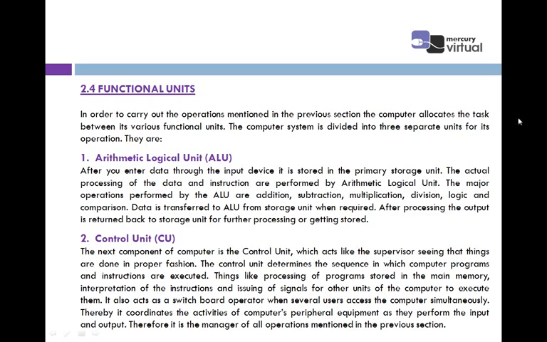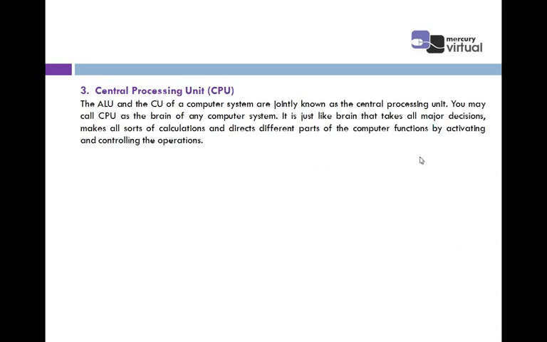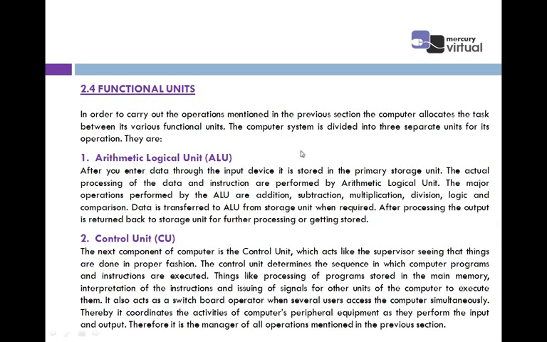Means the computer has different parts, that is functional units, and the computer can allocate these tasks to the various units, that is ALU, CU and CPU. The computer system is divided into three separate parts, that is ALU, CU and CPU. The first one is ALU, that is the arithmetic and logical unit.